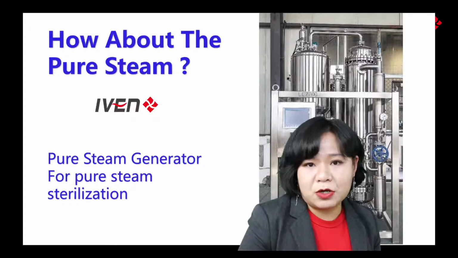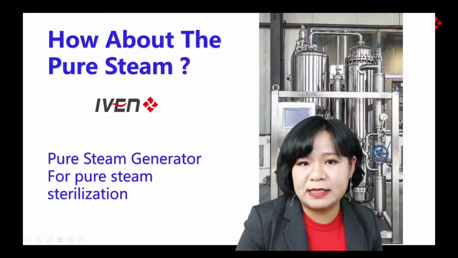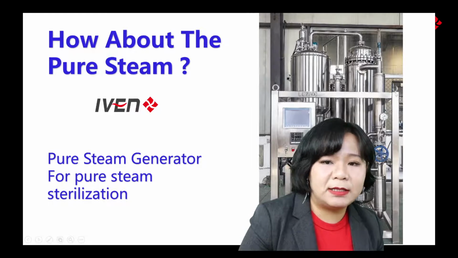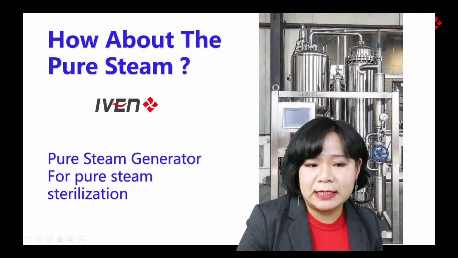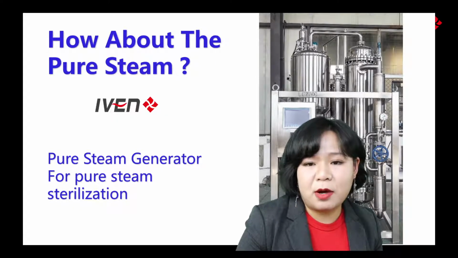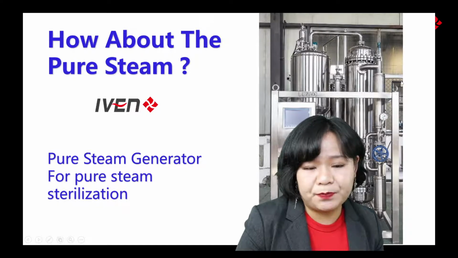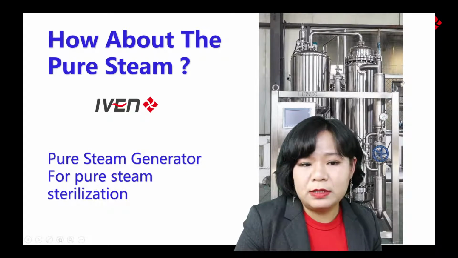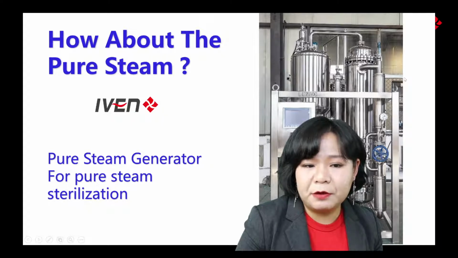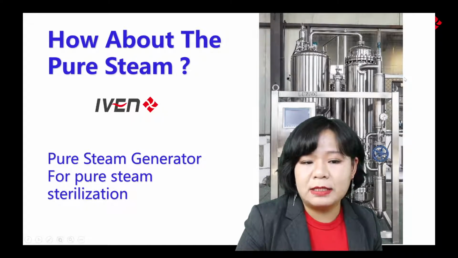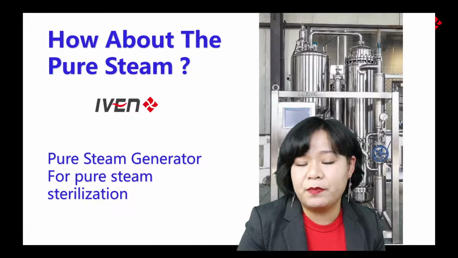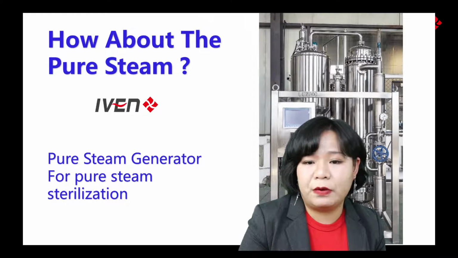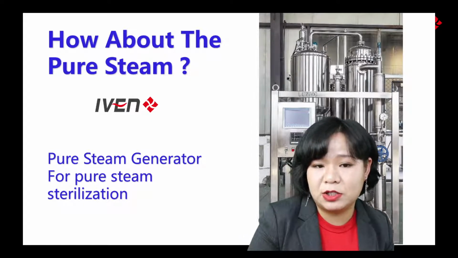You may wonder how to make the purified steam. As we briefly introduced previously with the water distiller, the purified steam also comes from the purified water. We use the purified steam generator for purified steam, and the purified steam will be used for sterilization, like for IV solution and also for vials for injection.